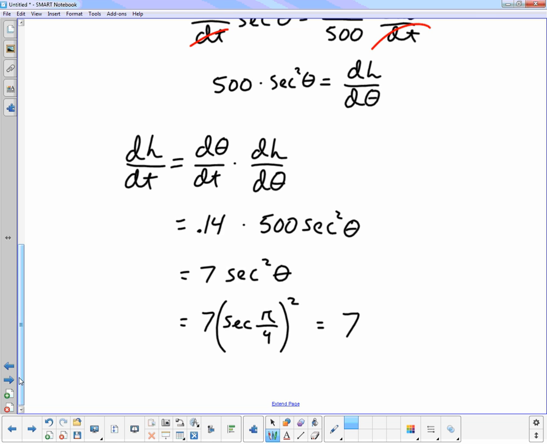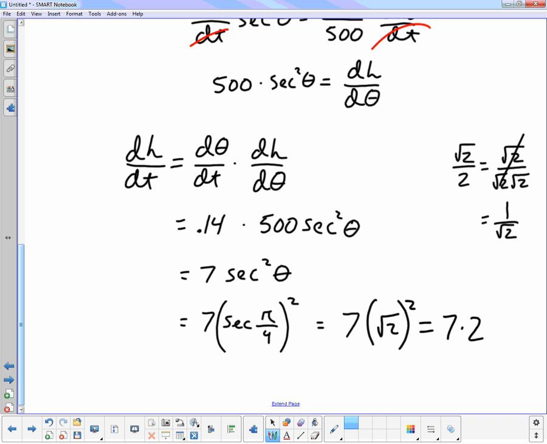And the cosine of pi over 4 is square root of 2 over 2, and this simplifies down to 1 all over the square root of 2. Sorry, that's the cosine of pi over 4. So if I take the reciprocal of that, it's just root 2. And you're done.